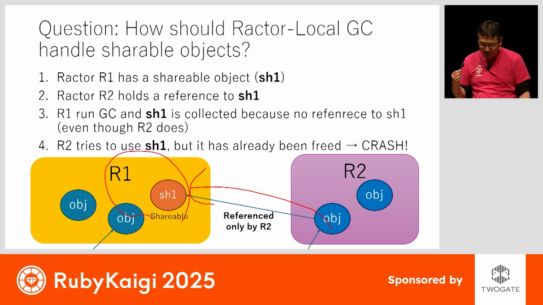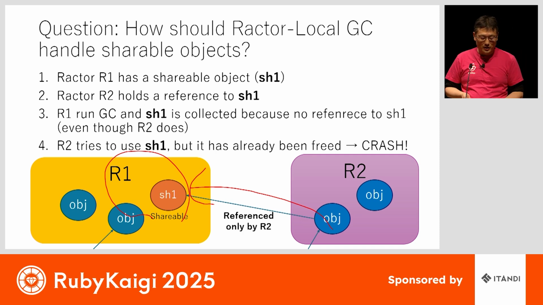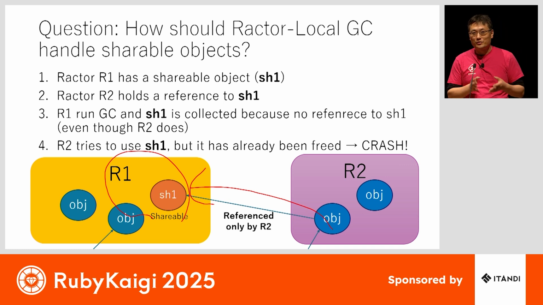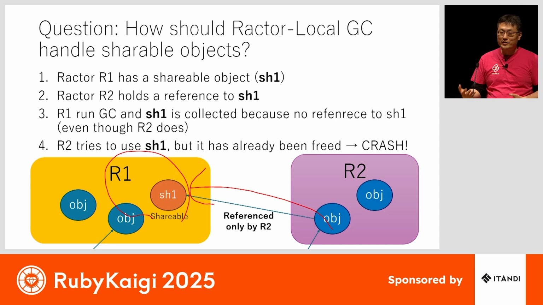When R1 runs its local garbage collection, it doesn't see any reference to SH1 from within R1. So the garbage collector mistakenly frees SH1. But we shouldn't free SH1, because R2 needs this object. So this is a problem.